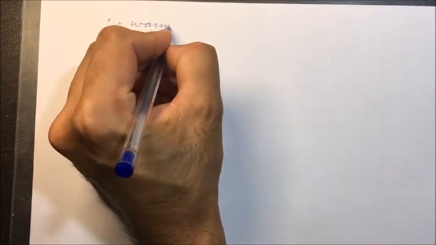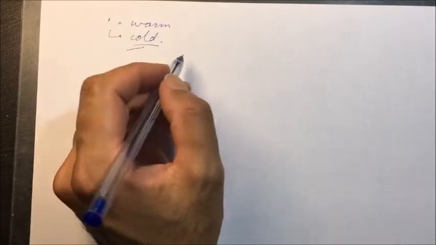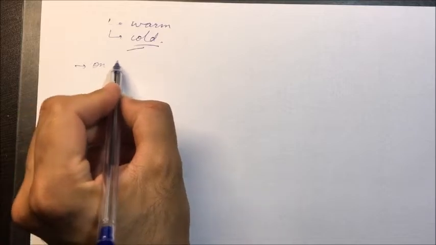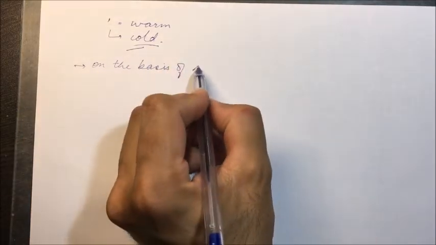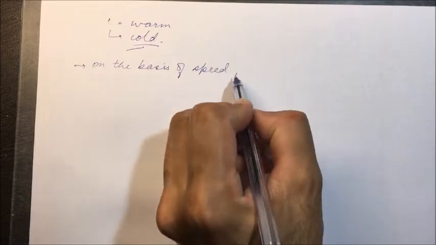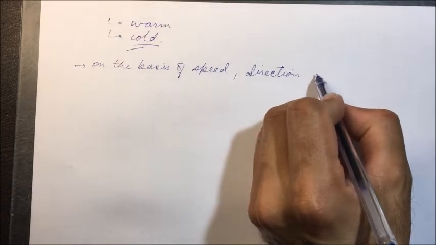We have discussed one classification, that is into warm current and cold current. There is one more classification of these currents, that is on the basis of their speed, direction and dimensions.